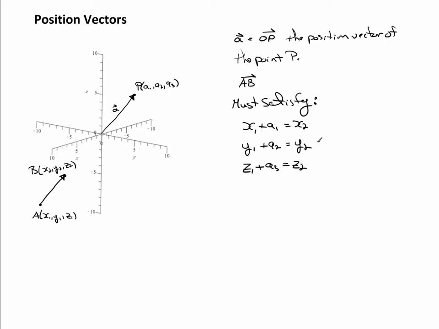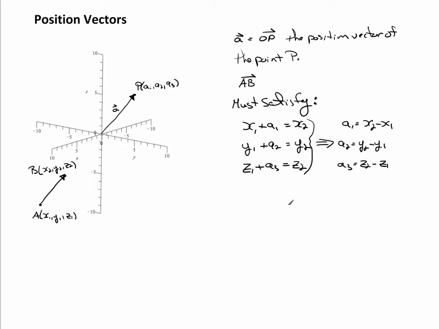Now, this all implies, by simple algebra, that a1 equals x2 minus x1, a2 equals y2 minus y1, and a3 equals z2 minus z1.